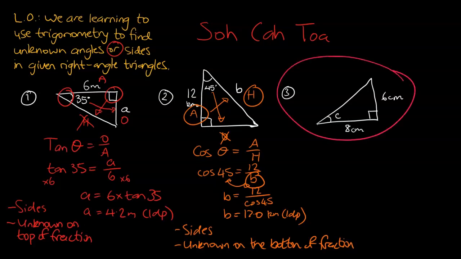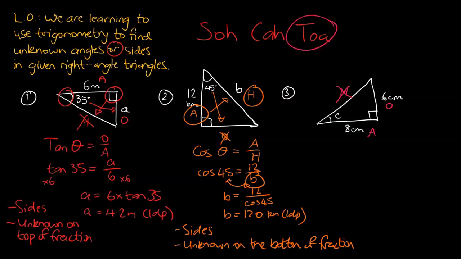Finally, question 3, our last question. First step, label your sides. There's the hypotenuse, there's the opposite, there's the adjacent. We don't care about the hypotenuse. That's our first step, label the sides. We're now going to decide on which equation we're looking at. Again, we're dealing with O and A, which is what?